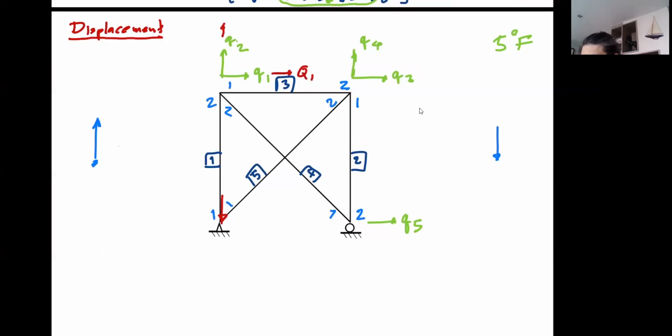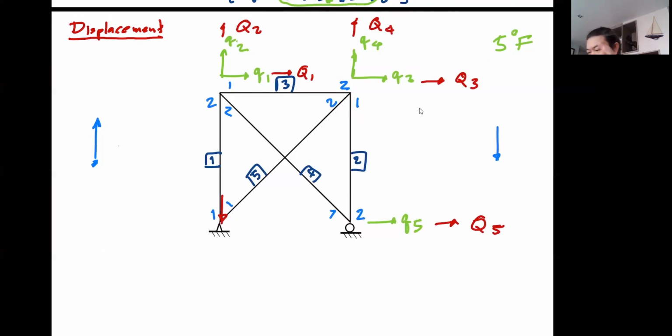We call them Q1, Q2, Q3, Q4, and Q5. Correct?